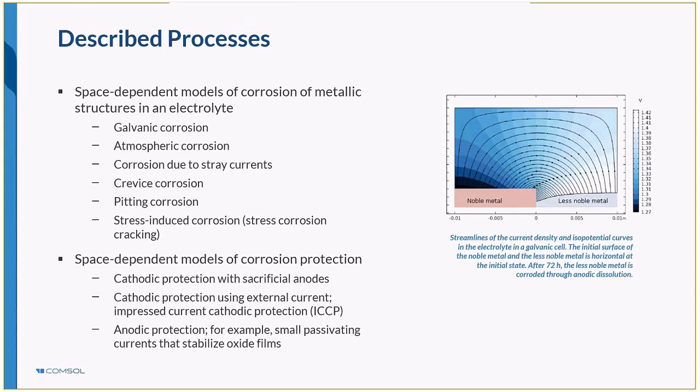Corrosion protection can also be represented, for example, cathodic protection with impressed current cathodic protection, or the use of sacrificial anodes. The representation of film formation is also possible, and we can examine perhaps the anodic protection mechanism. So if we have a small passivating current to develop an oxide film in our system.